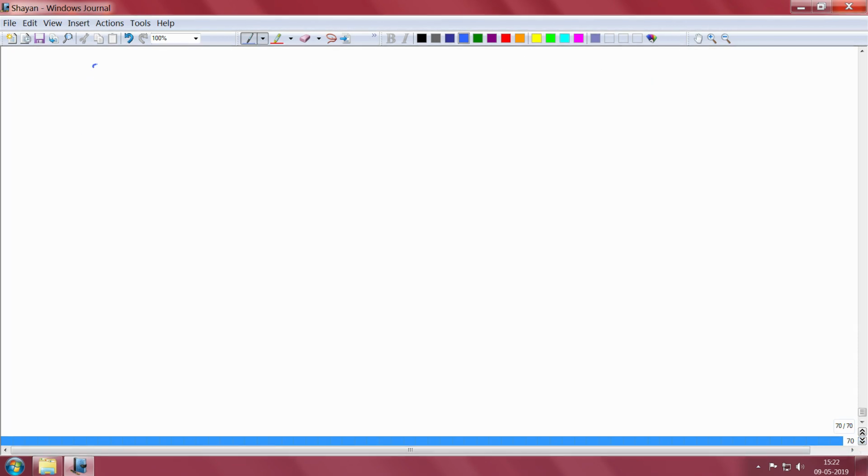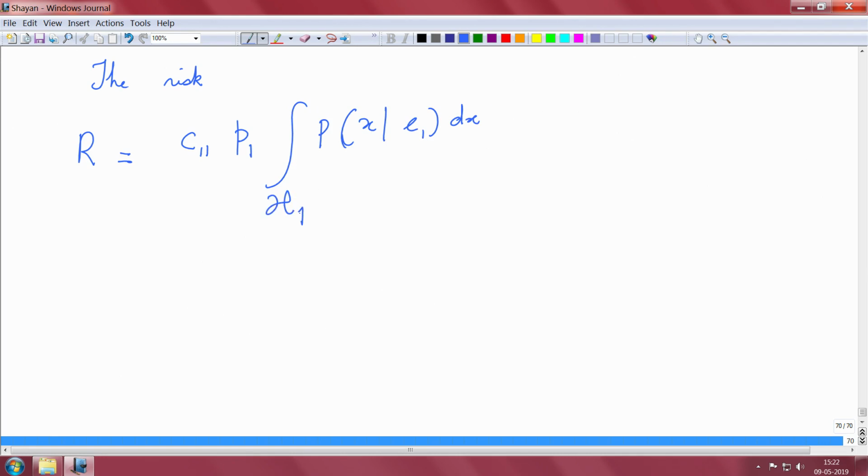So, the risk R is given by this quantity, it is C11 times P1, the integral of the conditional density given C1 over the space H1 where this is acting.